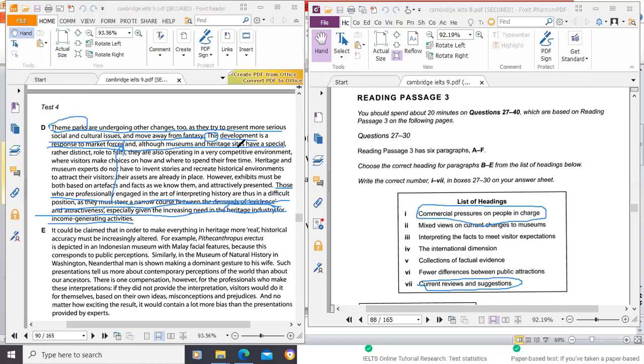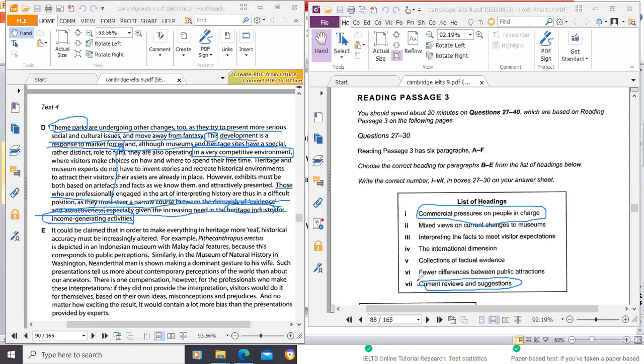They talk about museums. They have a special, rather distinct role to fulfill. They are also operating in a very competitive environment. It's not just about theme parks only, talking about serious issues. All of them are in a very competitive environment, especially given the increasing need in the heritage industry for increasing income generating activities.